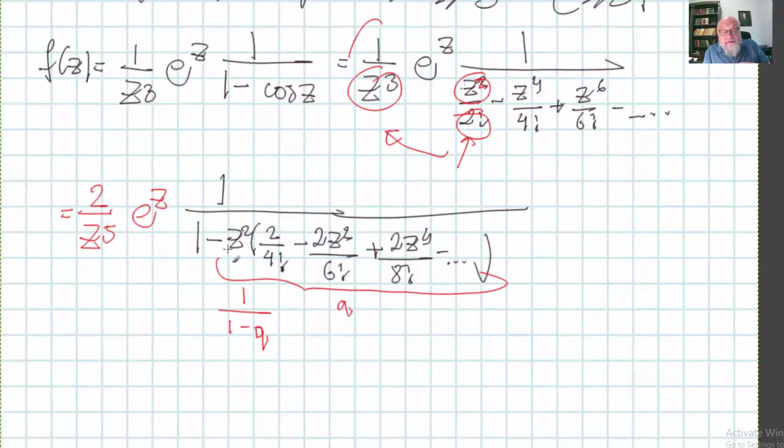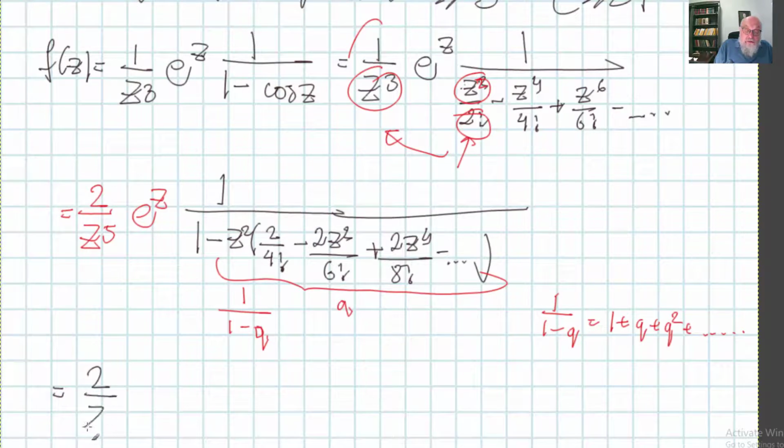So that means this can be considered as a sum of a geometric series. That means 1 over 1 minus q will be equal to 1 plus q plus q squared and so on. And that's what I'm going to use now.